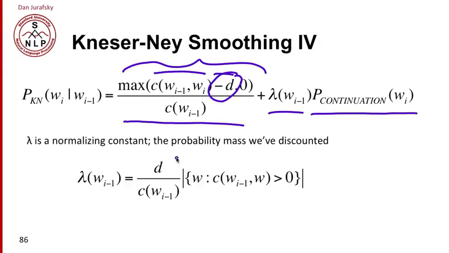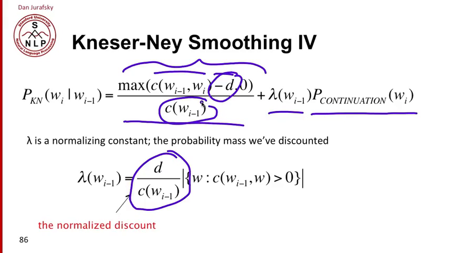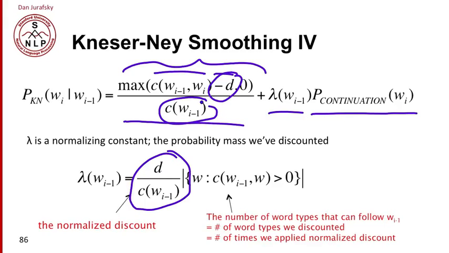So that lambda is the amount of the discount weight divided by the denominator there, so it's the normalized discount. And then we're going to multiply that by the total number of word types that can follow this context w i minus 1. In other words, how many different word types did we discount, or how many times did we apply this normalized discount? And we multiply those together and we know how much probability mass total we can now assign to the continuation of the word.